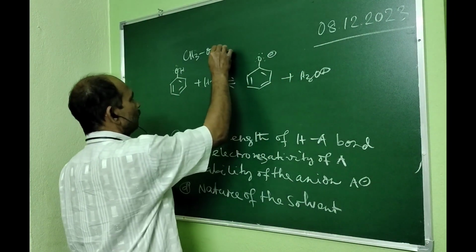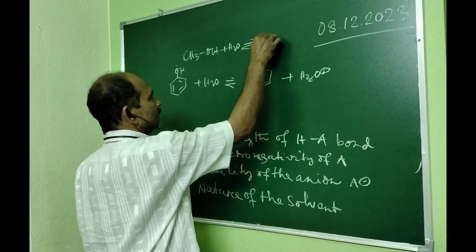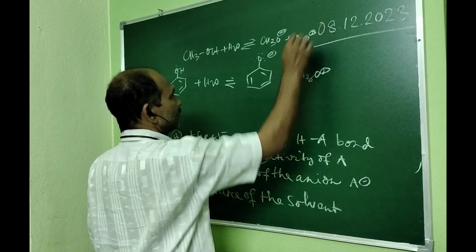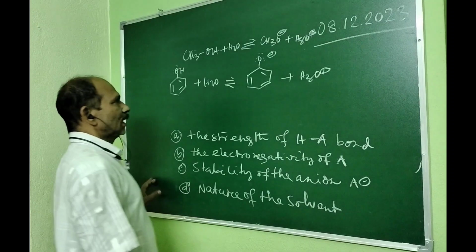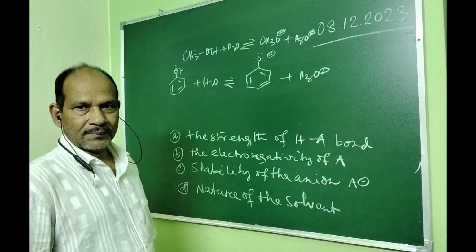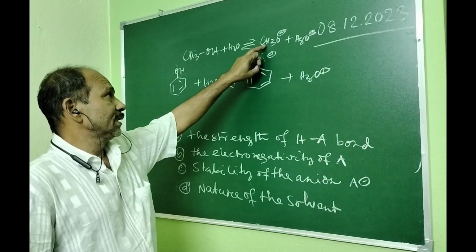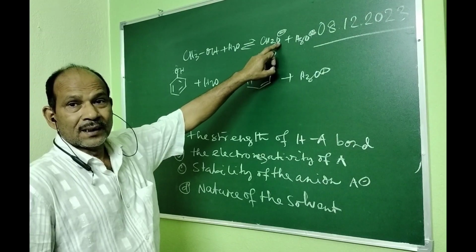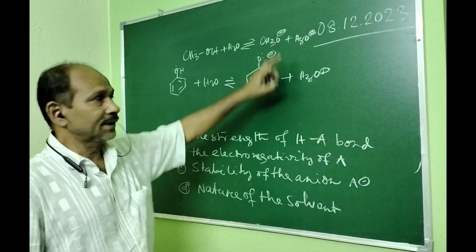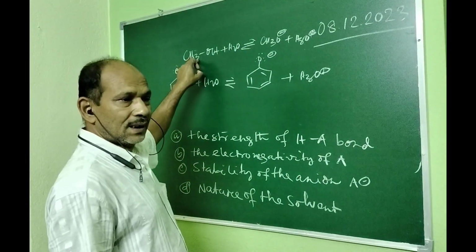But when we dissolve methanol in water, we get CH3O minus plus H3O plus. In case of methanol, the CH3O minus has no stability factor because CH3 exerts the plus I effect on oxygen. So the negative charge on oxygen is highly destabilized. So this equilibrium is mostly shifted towards the left side.